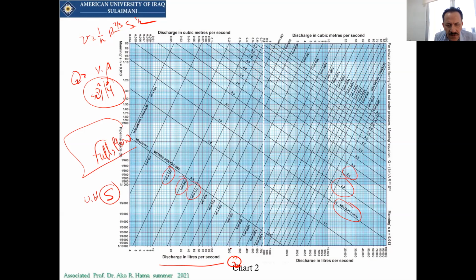For example, if the Q is equal to 200 liters per second, and the slope is 1 over 1,000, so here's 1 over 1,000, and here's the 200.